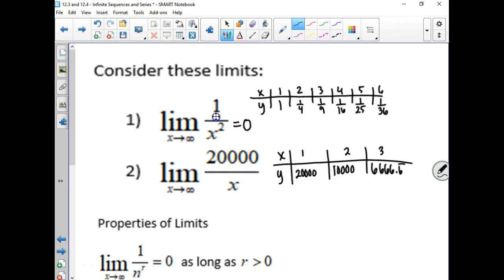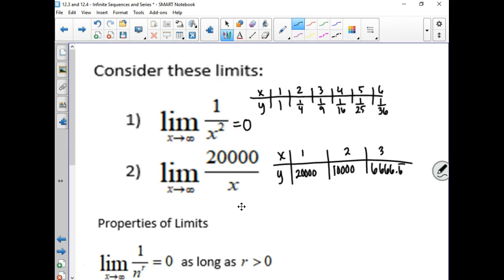Is this going to approach a number? Okay, Jonathan's saying 0. Right now it doesn't really look like it, right? But our numbers are decreasing, and eventually it's going to go really, really far out in that direction. So from the beginning, it looks like you still have pretty big numbers.